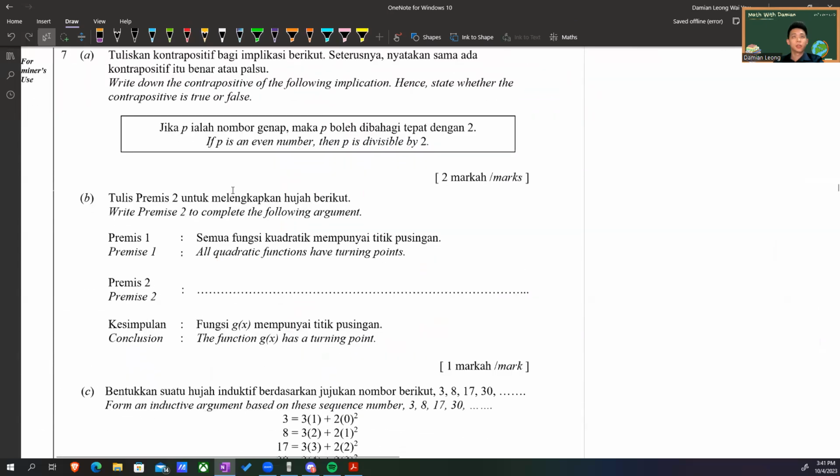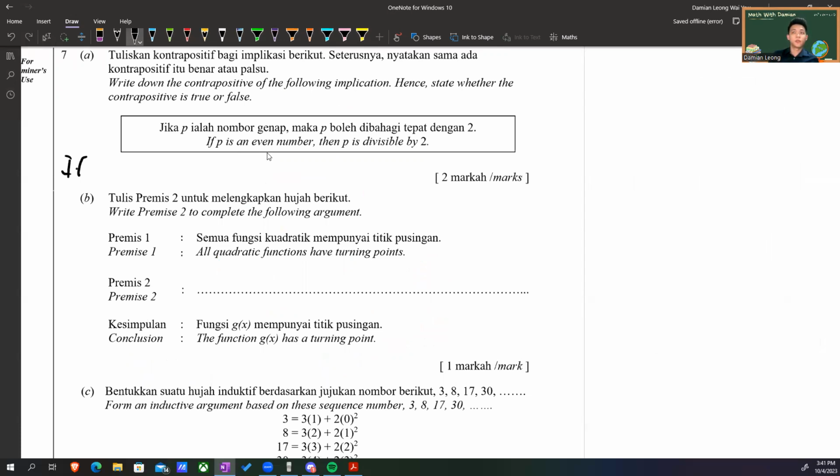Then question 7. First part A, write down the contrapositive of the implication here and then state whether the contrapositive is true or false. Contrapositive means flip the antecedent and consequent and negate both of them.